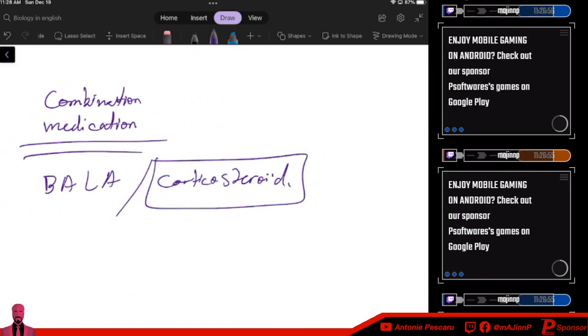We know that if we do a little slash here and take out cortico and just leave steroid, we know that there's a steroid involved, meaning that it's liposoluble.